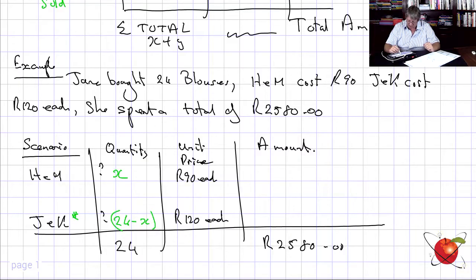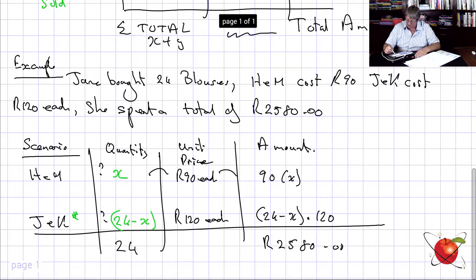So, what do we do next? We get to the amount and multiply across. So, 90 times X, and across is going to be 24 minus X multiplied by 120. And surely now you can see what I'm going to do.